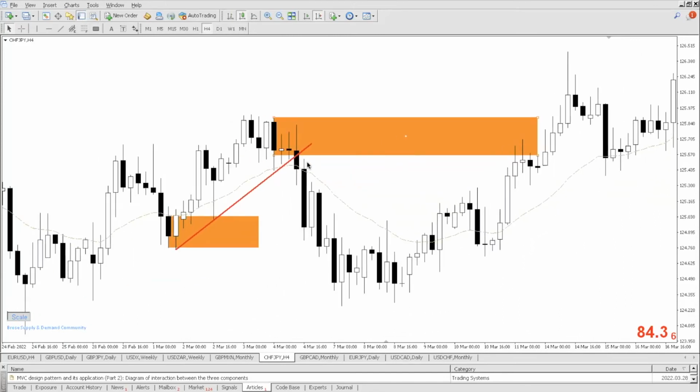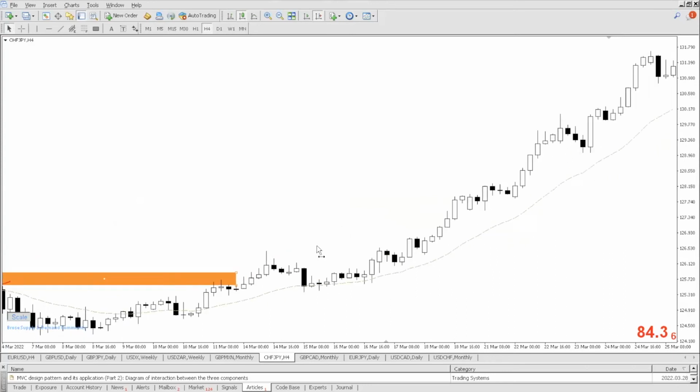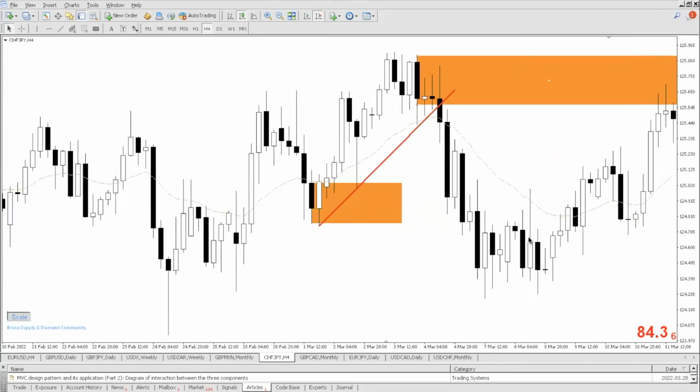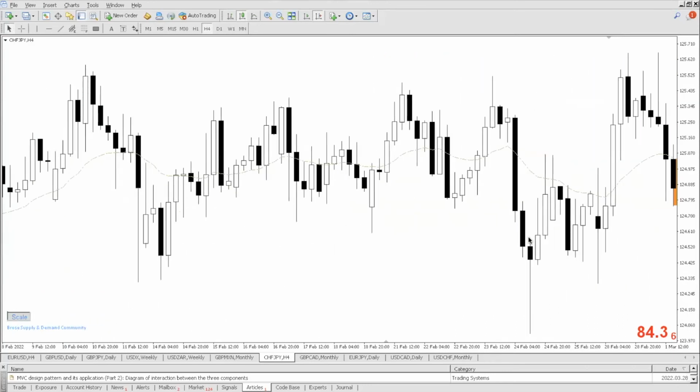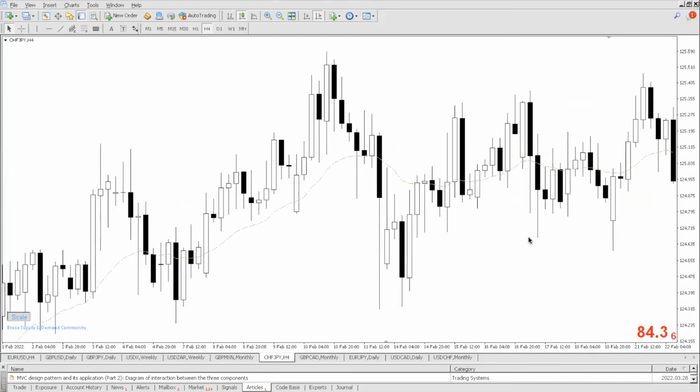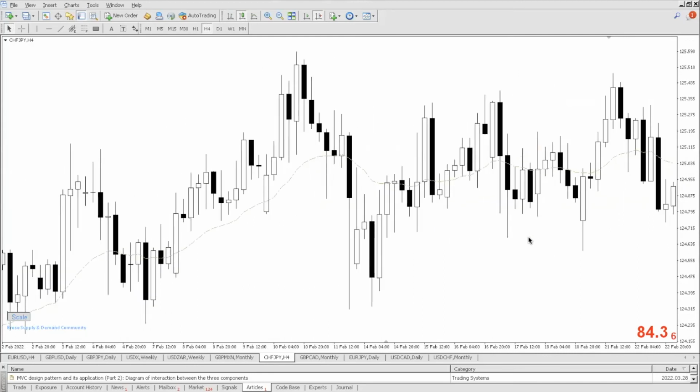What I'm trying to show you up here is that price crossed the trend line and started dropping. In the lower time frames, you will find entry points or the areas that you can trade. This usually depends on your strategy.